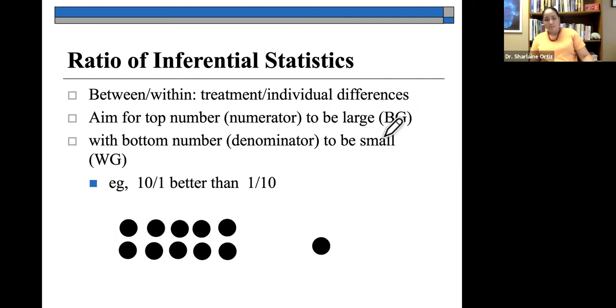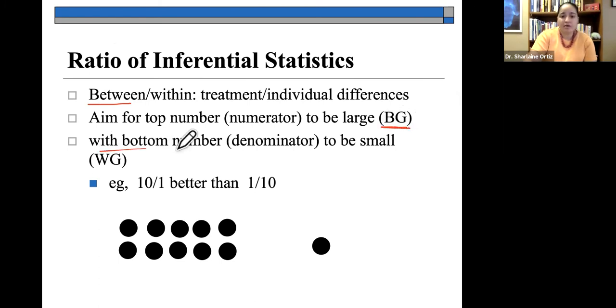Now, between or within differences, we like to think about how treatment and individual differences had a role in these differences. Regarding these differences, we always want to aim for that top number, right? And that top number, generally the numerator, is the between differences, between the groups.